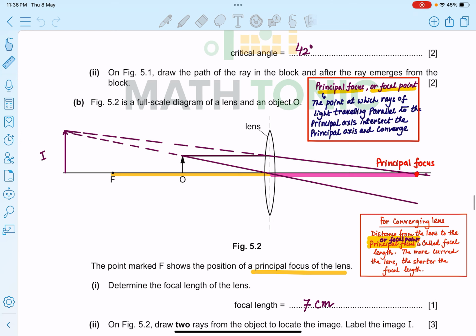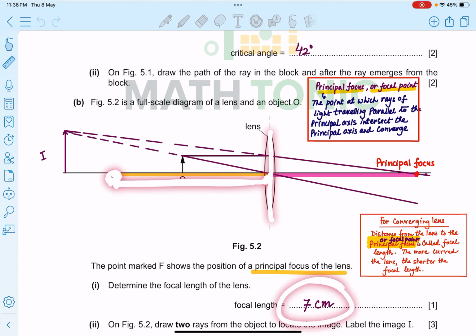What kind of lens is this? Can anyone tell me? This is called a converging lens, right? The distance from the lens to the focal point, or principal focus, is called the focal length. Basically it is asking you to find this length. You can use a ruler, and be careful to go through the center of the lens, from this point to this point, and get the answer.